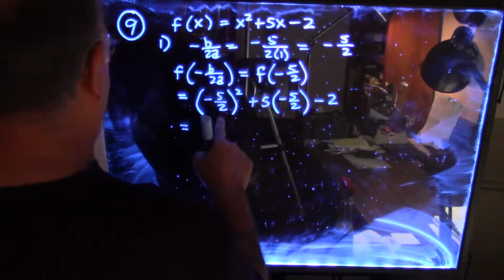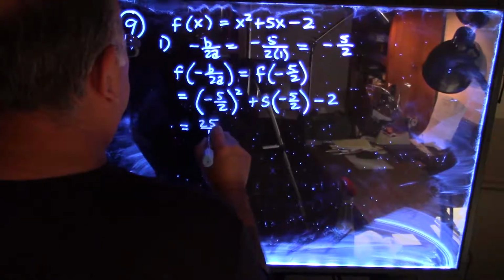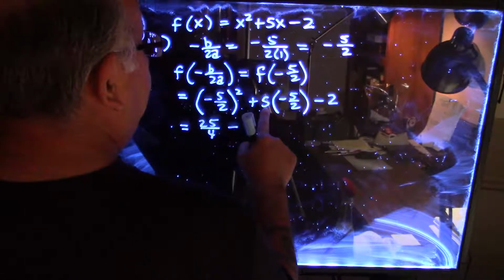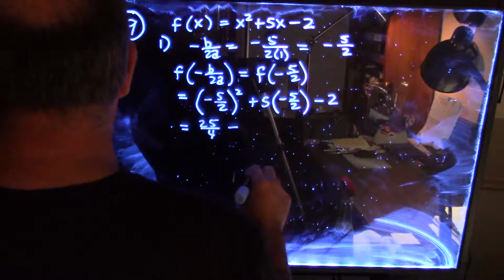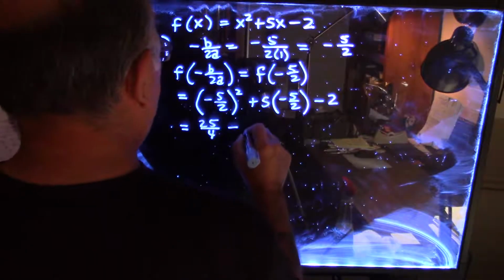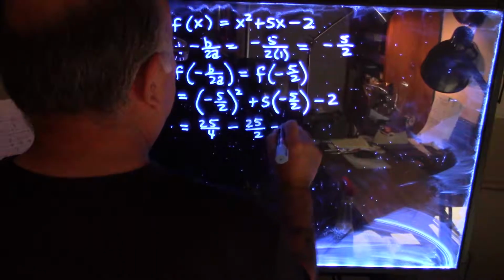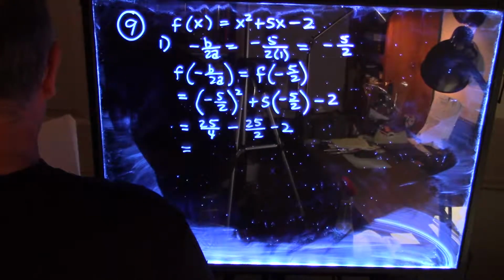So this becomes positive 25 fourths. Then minus, you got 5 times negative 5 halves, that's minus 25 over 2, minus 2.